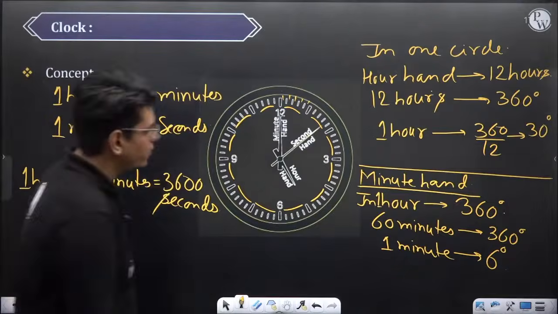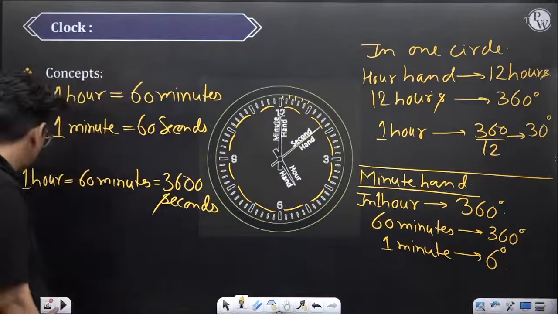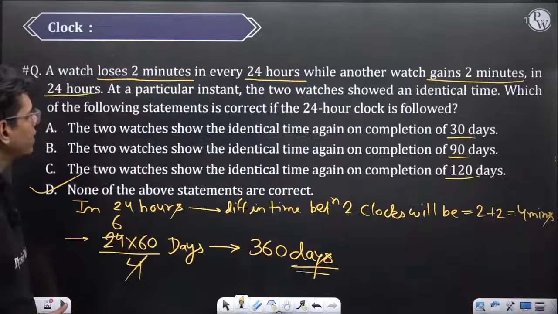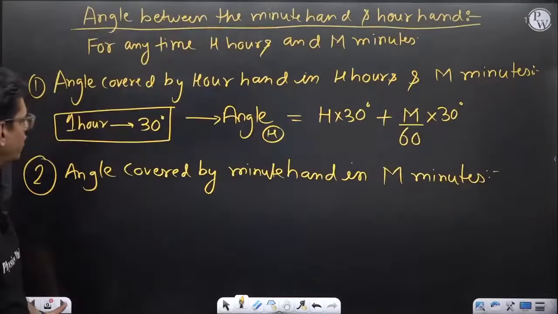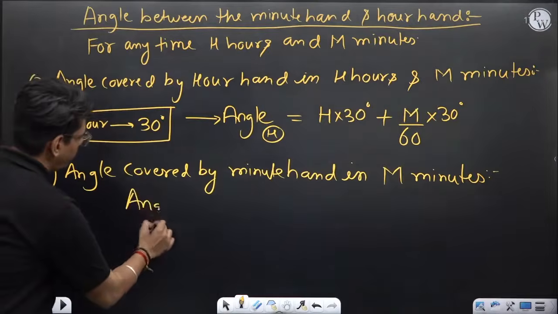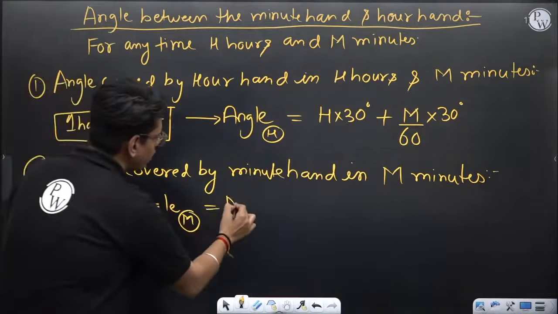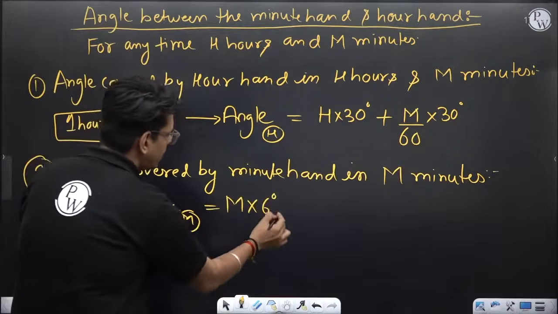Now we know in 1 minute the minute hand covers 6 degrees. So in m minutes, how many degrees will it cover? So the angle of the minute hand is nothing but m into 6 degrees, right?